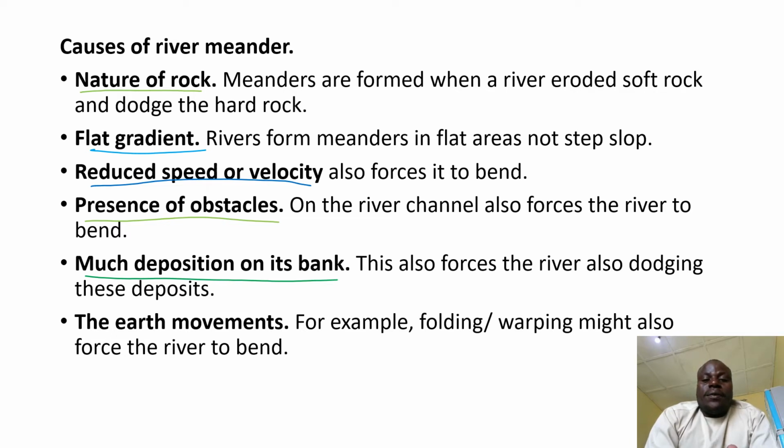And therefore, as it tries to dodge the upwarped area and following the downwarped region, it dodges the other upwarped rock and bends. Even faulting. A river may bend along a fault-guided valley, forming a fault-guided river. It may also occur like that.